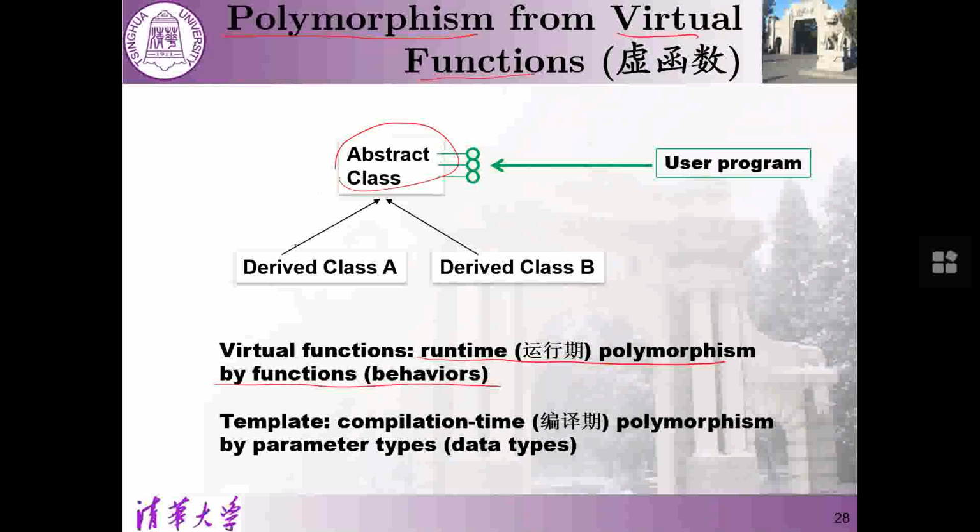Different class instances will correspond to different function behaviors and output. So this is virtual function with real polymorphism. Now for template, there is some kind of compilation time polymorphism by the data types.